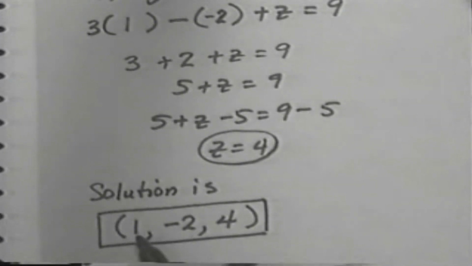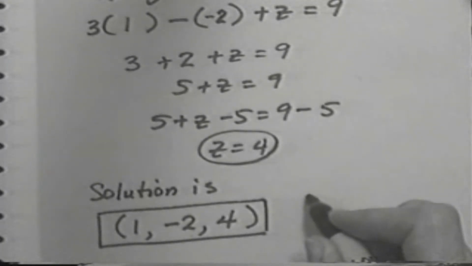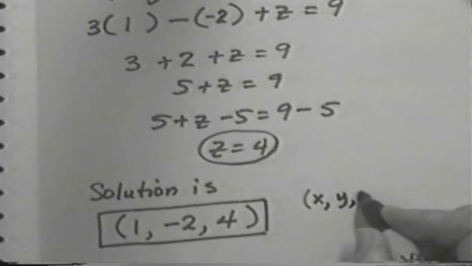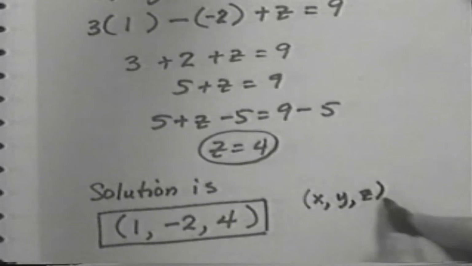Remember, you have to list these in alphabetical order: x, y, and z. Up to this point, we've only had ordered pairs, which we wrote in the order x and then y. Now that we have the letter z, it simply follows in line: the x, then the y, then the z. So our ordered triple is always in the order x, y, z, alphabetical order.